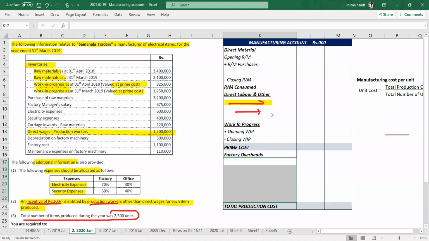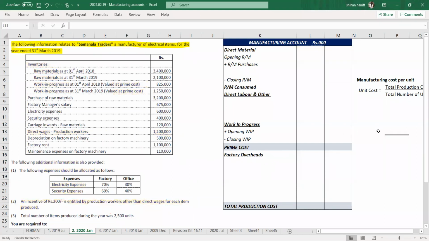So can you all do this? I'll give 5 minutes. Try to do this question. Do the format, and very simple. Then write the full name of the manufacturing account, saying Samanala Traders manufacturing account for the year ended 31st March 2019.